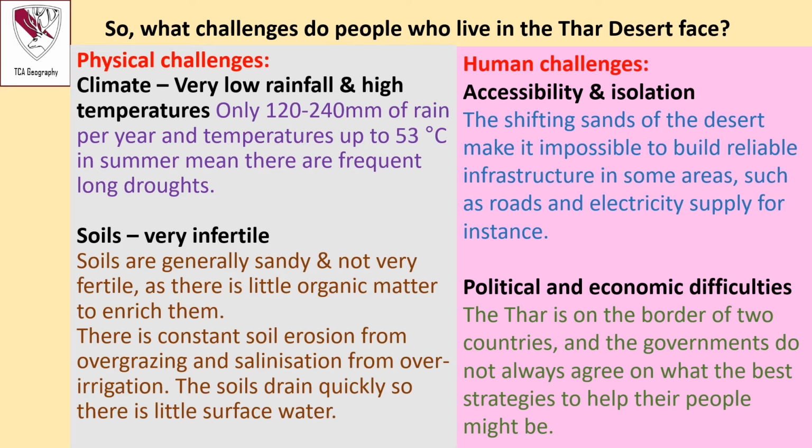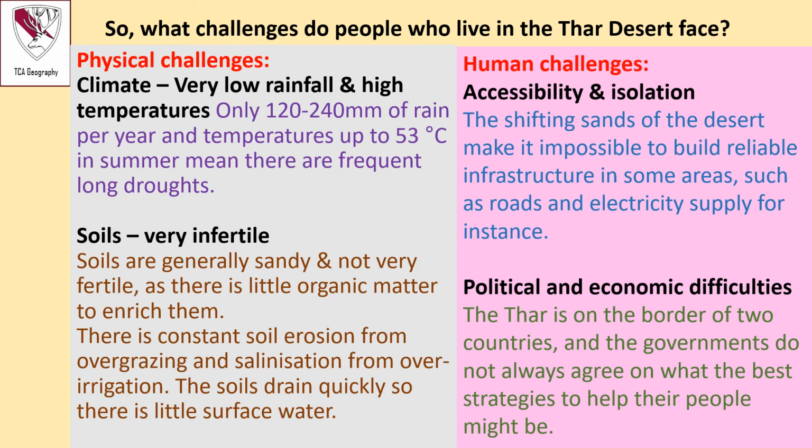Now, in the coloured text, I've put a little bit more detail on it. So this is the sort of thing we need to be thinking about when answering questions. If the question were to name the challenges that people face in the Thar Desert, you could just say what I've got here in the black bold writing.